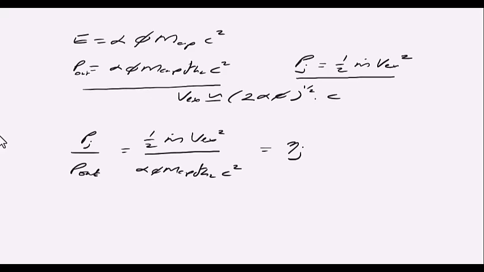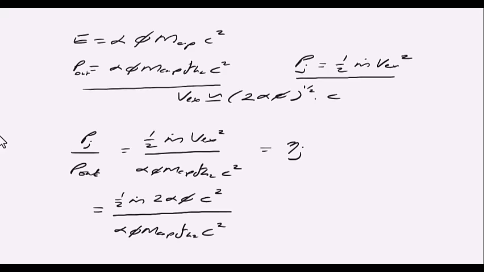So let's just do that quickly. So let's get 1/2 m dot, and it's v exhaust squared, and that's 2 alpha phi c squared, divided by alpha phi m_cap f_Hz c squared.